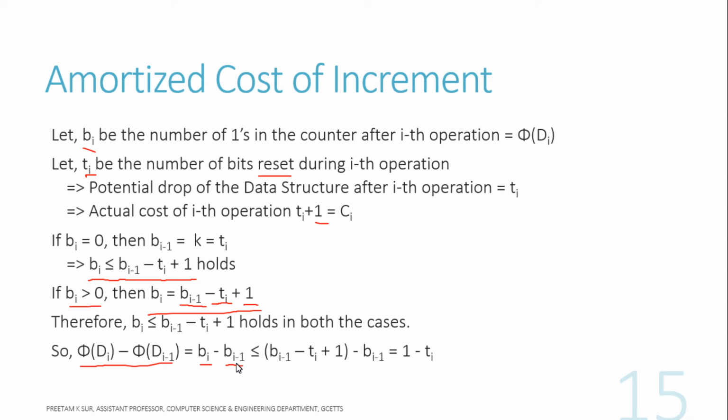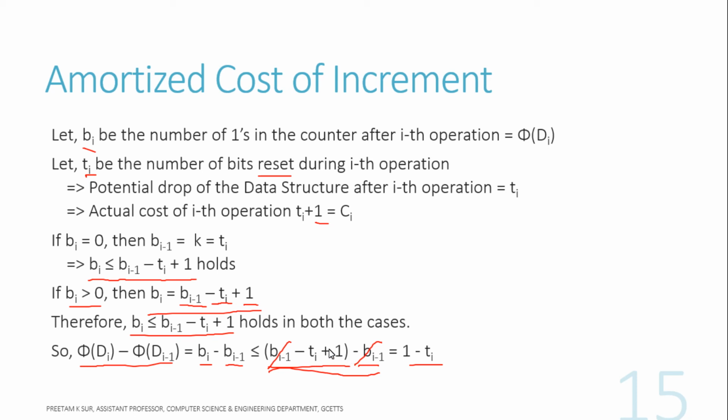Now from this inequality we can write that this is less than or equal to, so bi is replaced with bi minus 1 minus ti plus 1, minus bi minus 1. Okay, so now this whole expression is equal to 1 minus ti, because bi minus 1 will cancel out, so we'll be left with 1 minus ti.